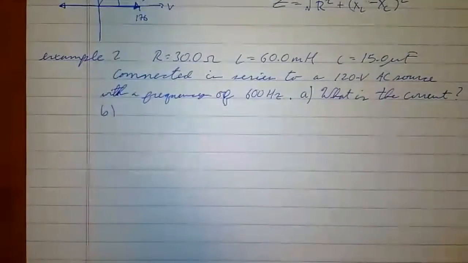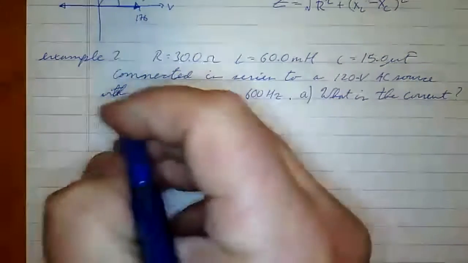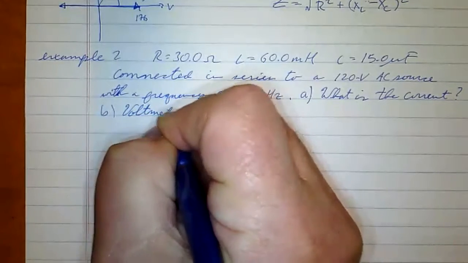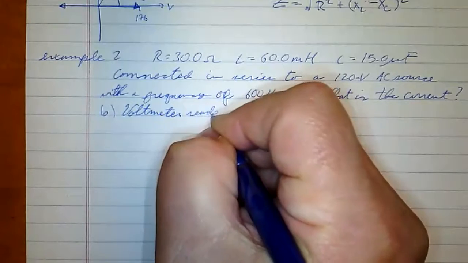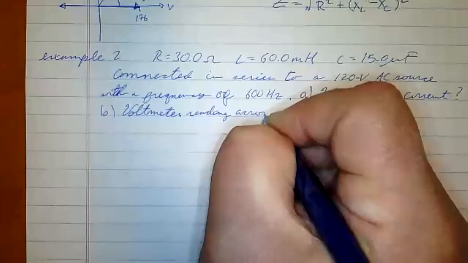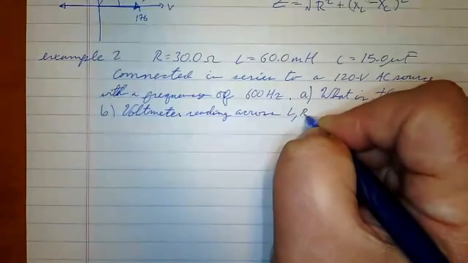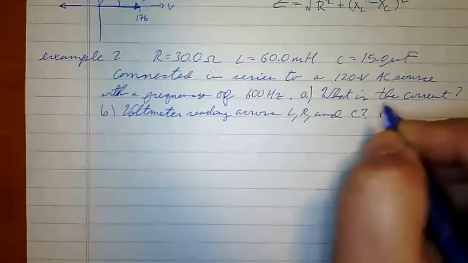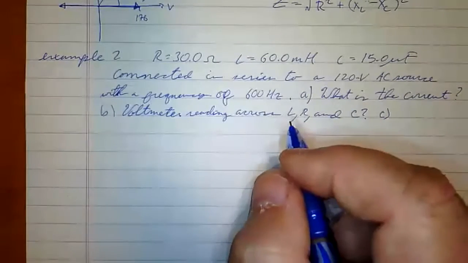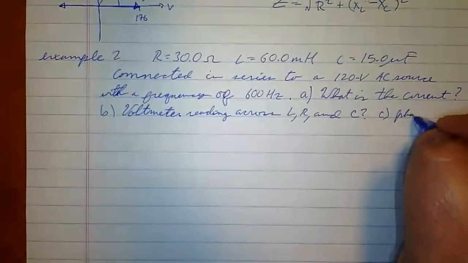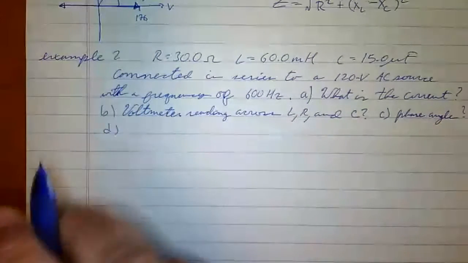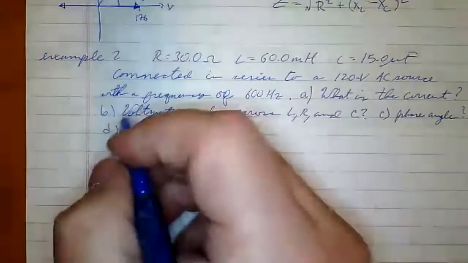B, I'd like to know the voltmeter readings across each element. And then part C, I would like to know the phase angle, which you're going to see what that means in a second. And D, I would like to know the power dissipated in the circuit.